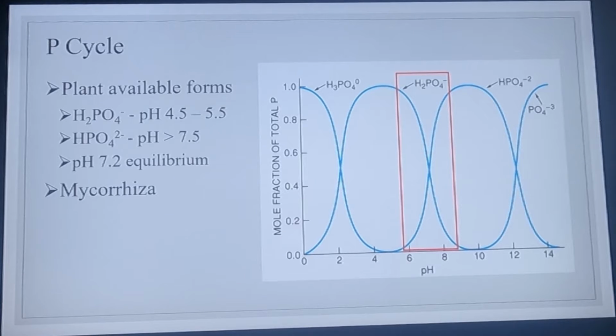So if we have this OH negative and we have H2PO4 negative, one of these hydrogens will dissociate. That will form water, and then that charge will change.